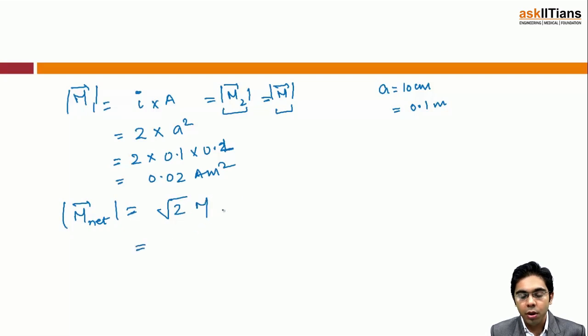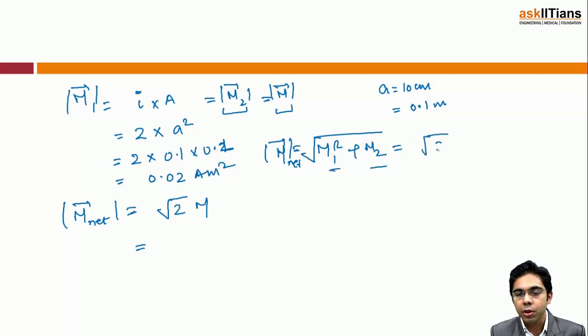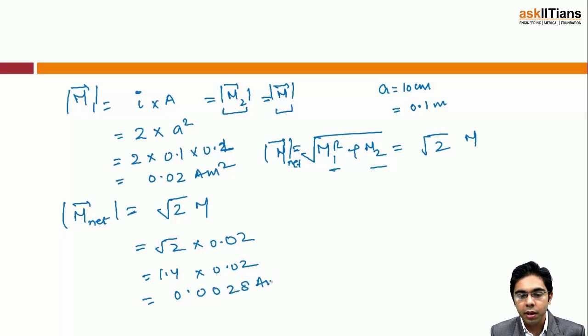So root 2 into 0.02, or 1.4 into 0.02, will come out to be nearly 0.028 ampere meter square.